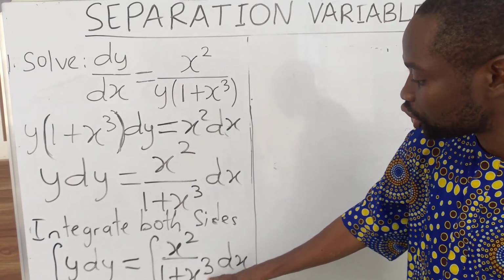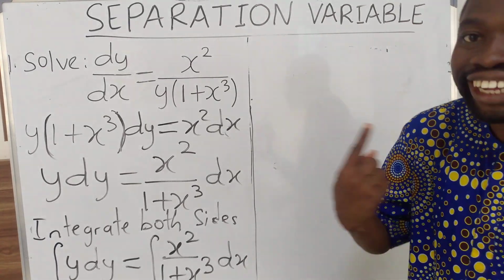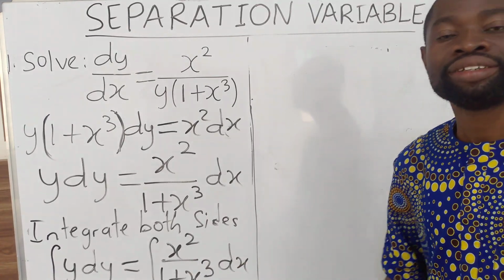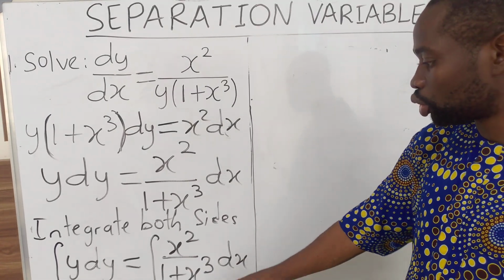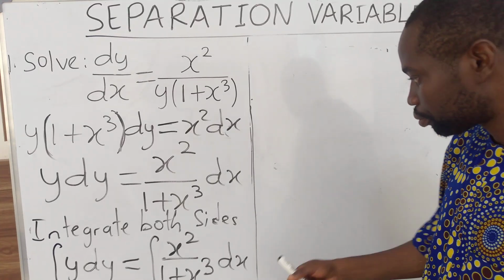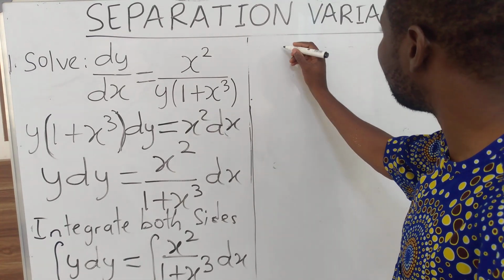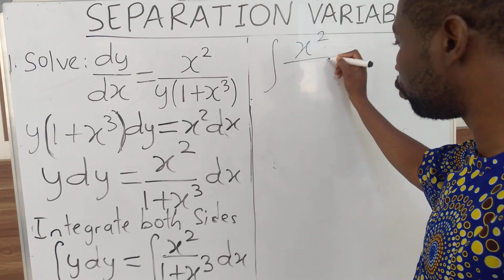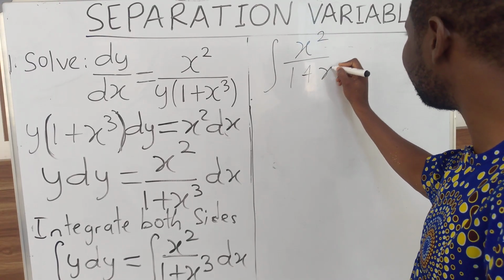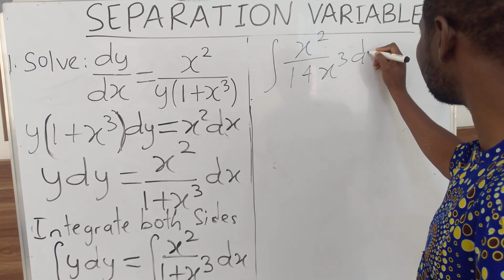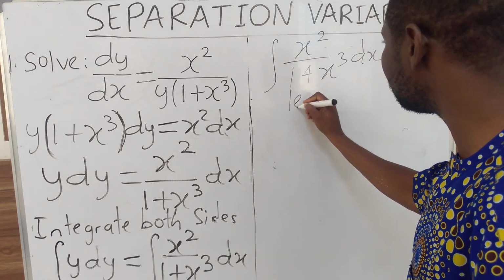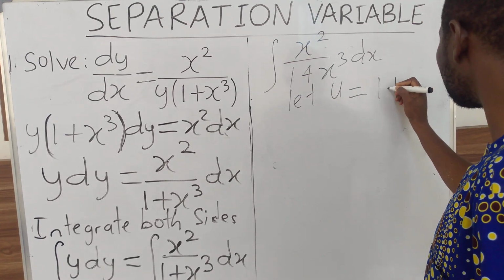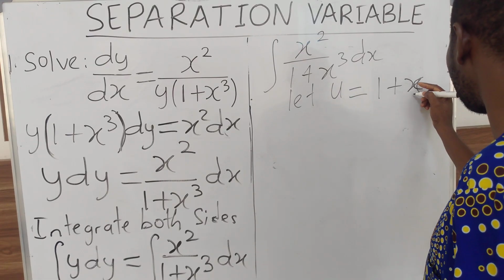If I find the differentiation, the answer I get, if it's a factor of the numerator, then integration by substitution can work. So let me try to integrate x squared over 1 plus x cubed dx. I'm going to let u be 1 plus x cubed.